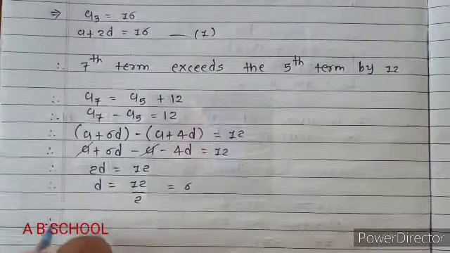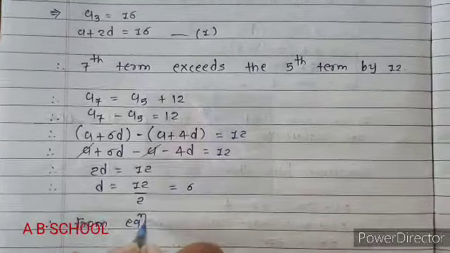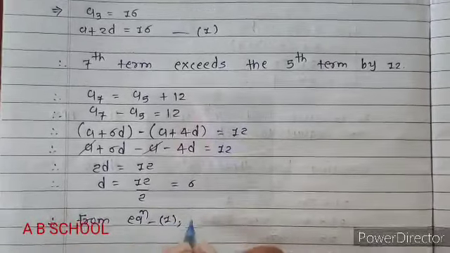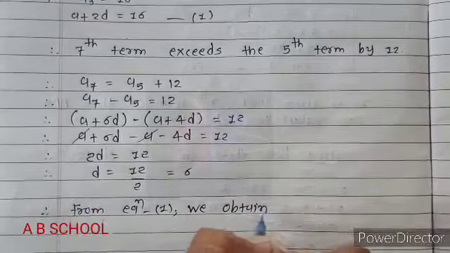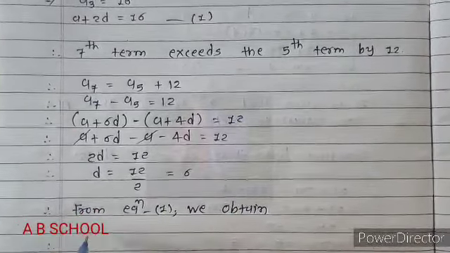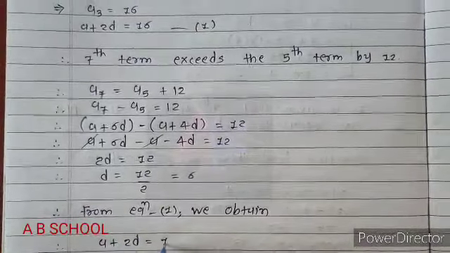Now from equation number 1, we obtain A plus 2D is equal to 16.